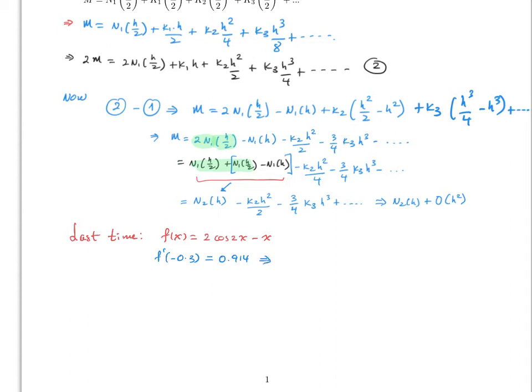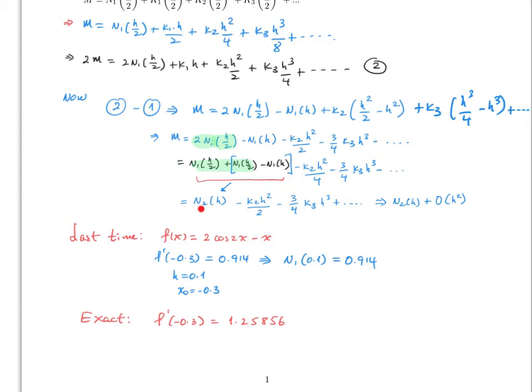So this implies that N1(0.1), because that was the value for h, remember h was equal to 0.1, x0 was equal to minus 0.3, is equal to 0.914. So that's what we did last time. And also last time we had that the exact solution for f prime of minus 0.3 was equal to 1.25856.